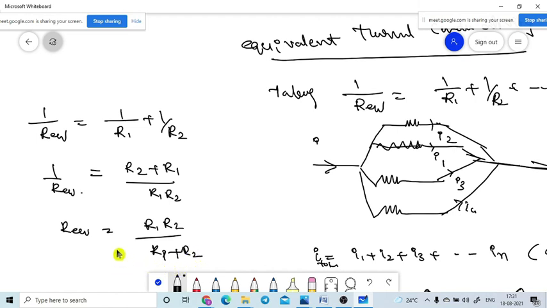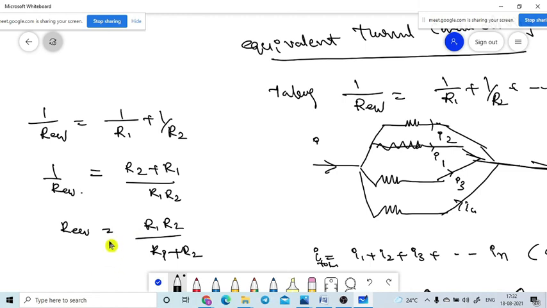Now you may get the question, if R1 and R2 are the same, what is the value? R by 2, sir. R by 2 is the correct answer.